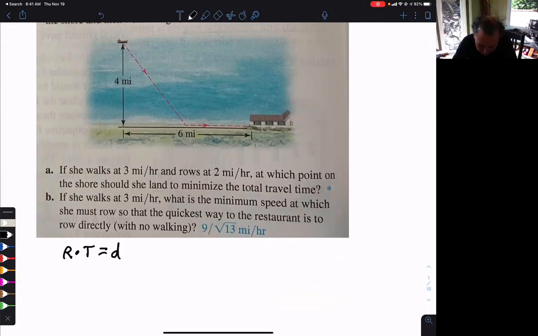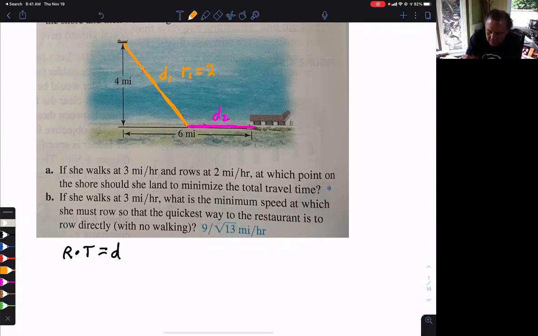So this here, I should do a different color. Let's do gold. So that we'll call distance 1. Okay? And then her walking from here to here, we'll call that distance 2. Now we know her rate, we'll call rate 1. What's her rate on the boat?